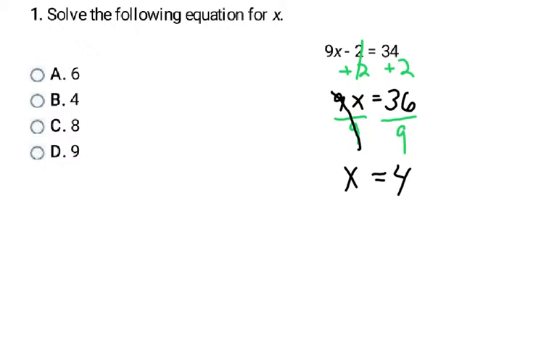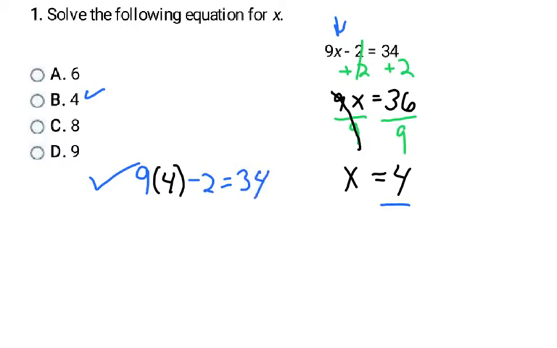Now remember, we can always check every single one of these solve for x problems. In order to check, I'm going to take this 4 and substitute it back in everywhere there's an x. So it's going to look like this: 9, and then I substitute in my 4 for x, minus 2 equals 34.